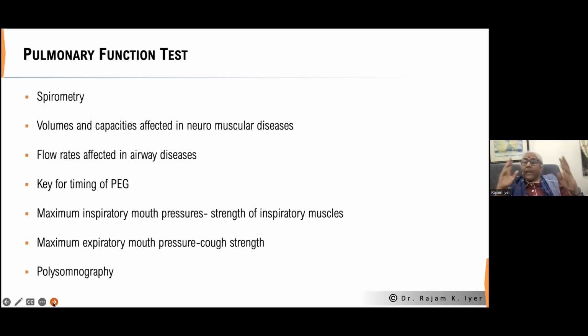In the airways, it is flow rates; in the parenchymal diseases, it is the volumes and capacities. So when you see a PFT report, you have to actually see only 3 values. First, look at FVC, then look at FEV1, and then look at the FEV1 by FVC ratio. If you do that, half your problem is solved.